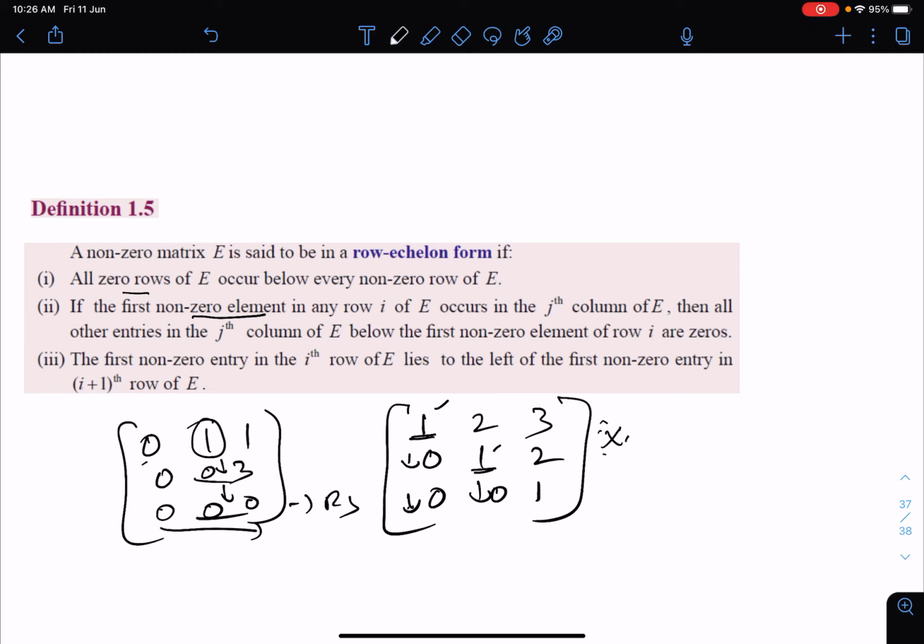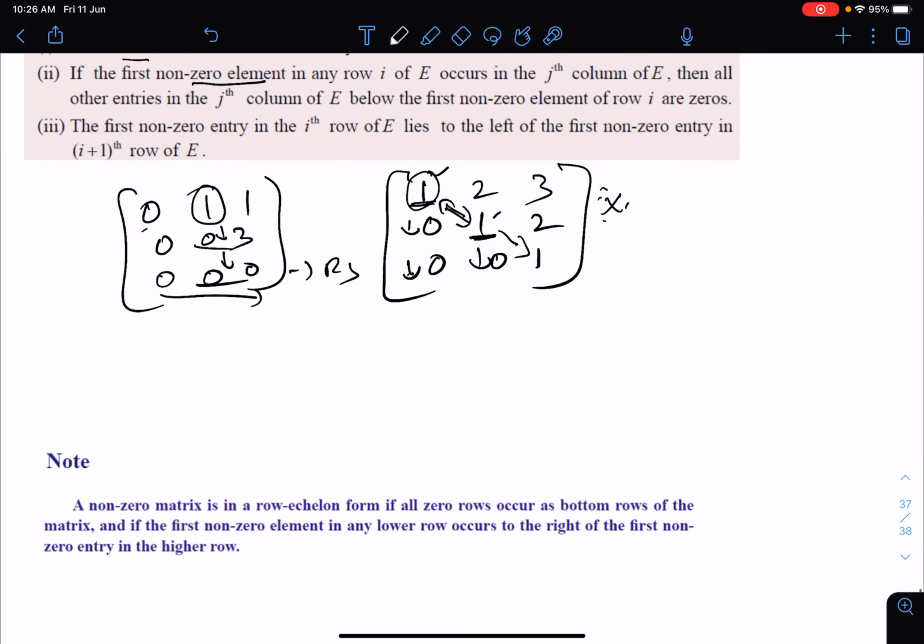You can remember it as the left or the right. Suppose in the first row you have the first element non-zero, then in the second row the second element should be non-zero, and in the third row the third element should be non-zero. Whichever is easy, you may remember this.